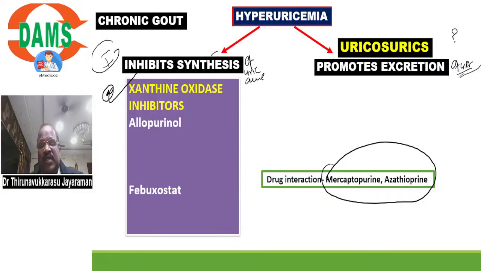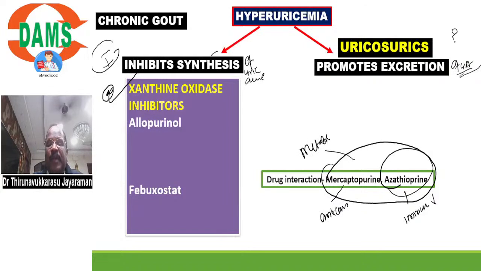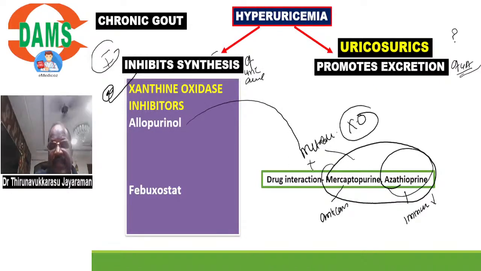We have 6-mercaptopurine, one of the anti-cancer drugs, and azathioprine, one of the immunosuppressants. Both drugs undergo metabolism by xanthine oxidase.